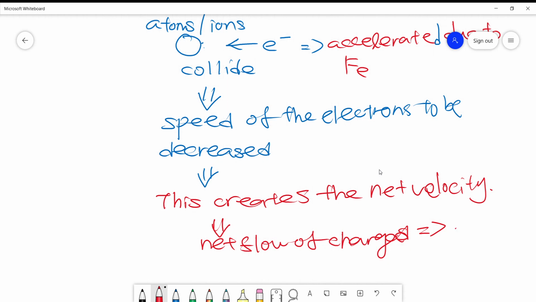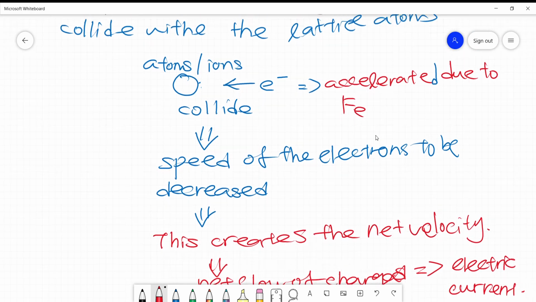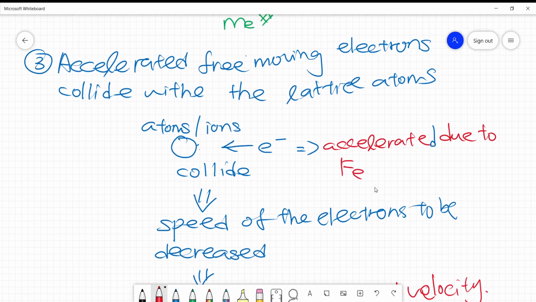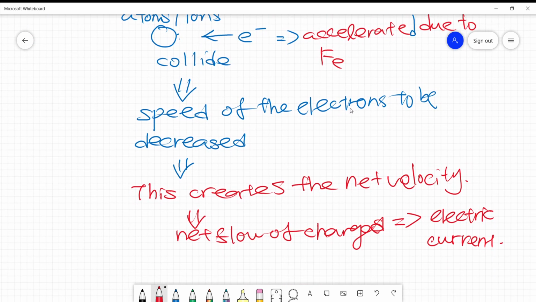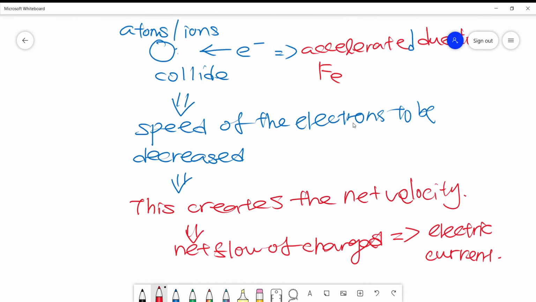So this is the whole process for the mechanism of conduction of a metal wire. I briefly explain this.